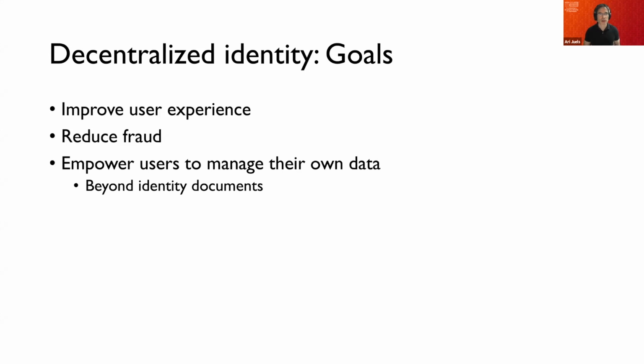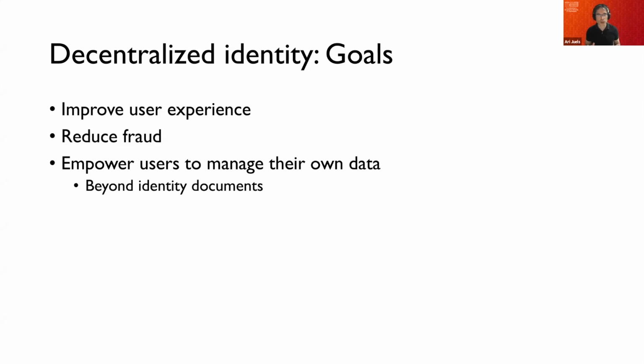Another slightly more subtle benefit of this approach is that it empowers users to manage their own data. Notice that Alice, in presenting her identity document to take out her loan, had to initiate the process of sending the relevant data to the bank. She controlled her identity document, she controlled whatever sensitive information it contained.